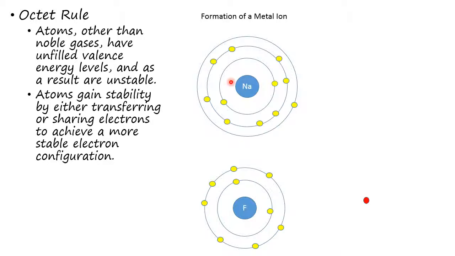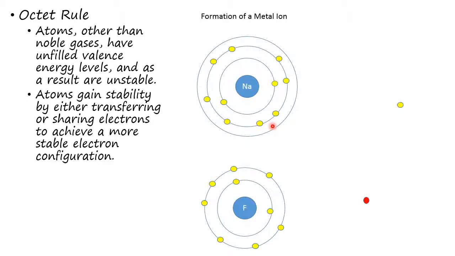The easier path energy-wise would be to just lose 1 valence electron. So sodium loses its 1 outer electron, and as a result, it now has 8 valence electrons in its outer energy level. So 1, 2, 3, 4, 5, 6, 7, 8.